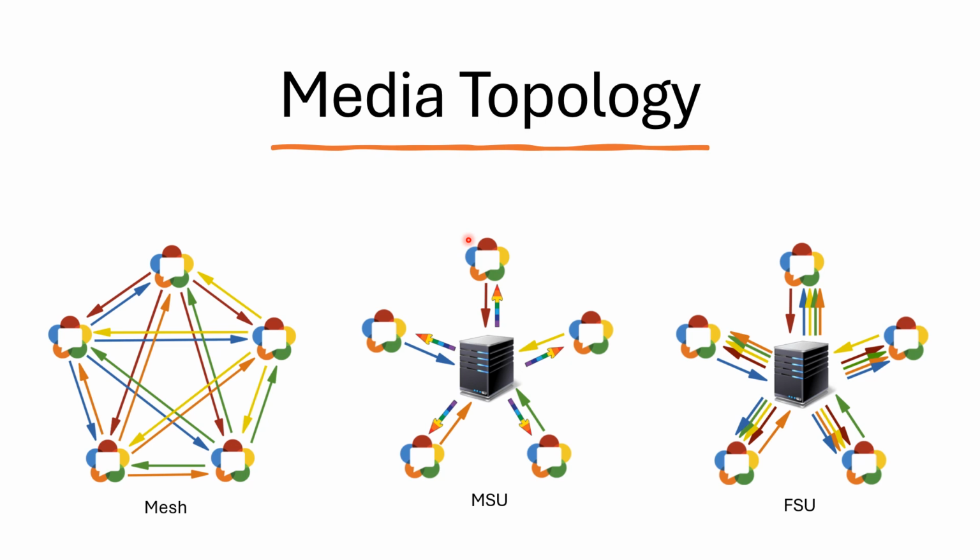What media topologies might WebRTC use? You can see there are three topologies. First, mesh: every participant sends their audio or video directly to each other. Second, MCU: a central multipoint control unit receives all streams, decodes, mixes, and re-encodes them into one composite stream per user.